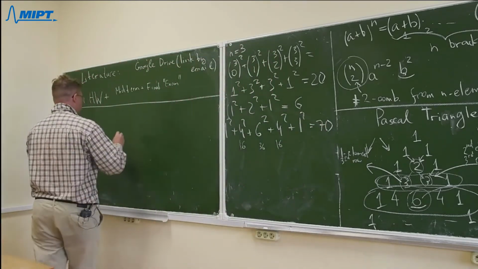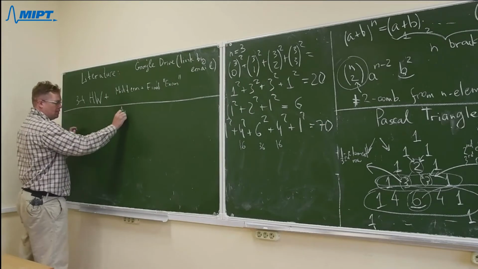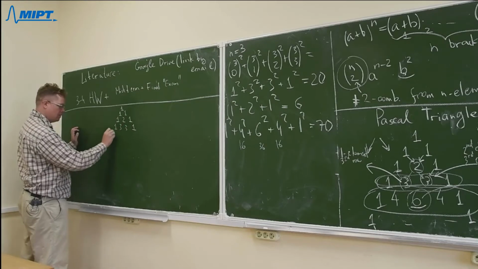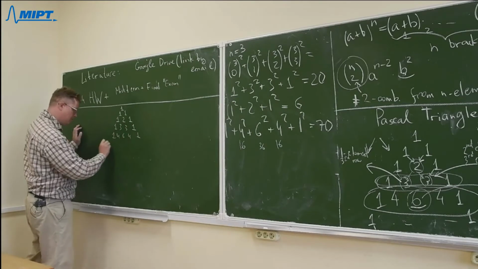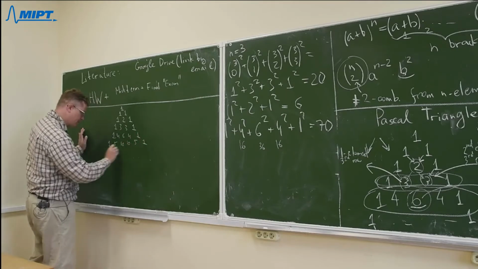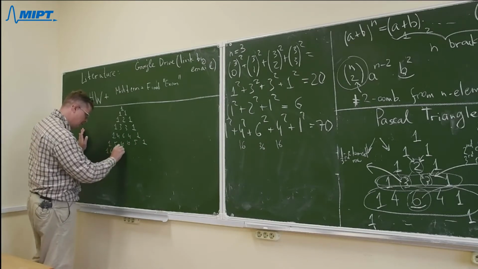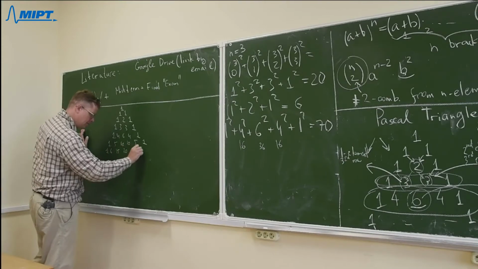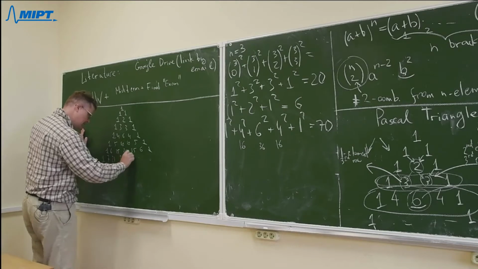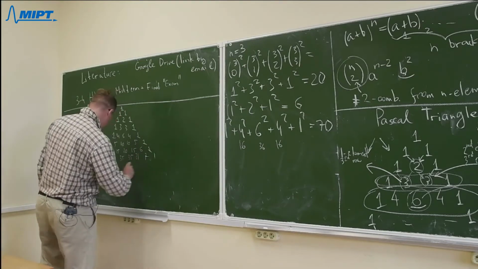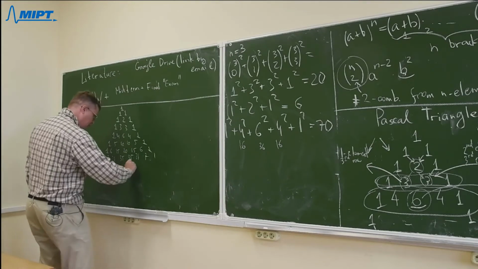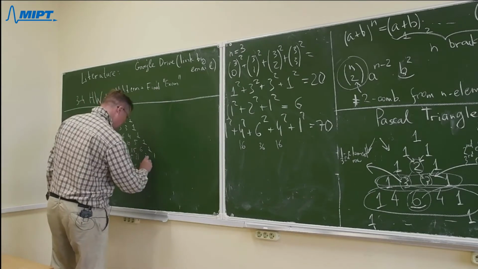So if you look at Pascal's triangle, then you can find all the numbers.